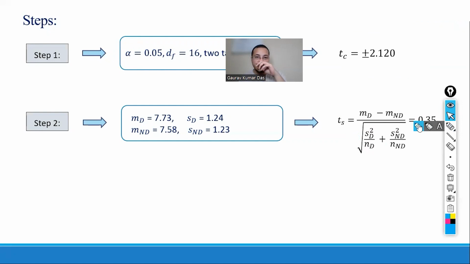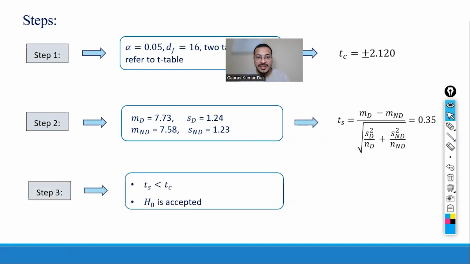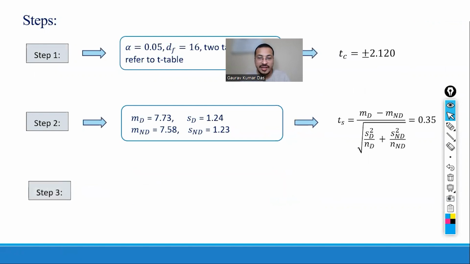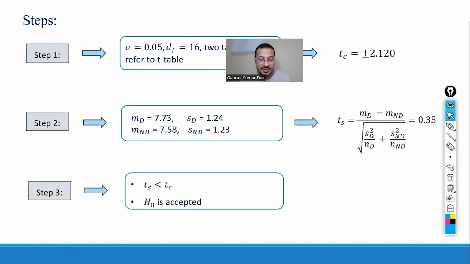Okay, so now since we have t critical and ts, we can come to a conclusion. So ts is less than tc. In step 3, finally we can compare ts and tc. So ts, the test statistic, is less than tc, and in this condition what happens? H naught is accepted.